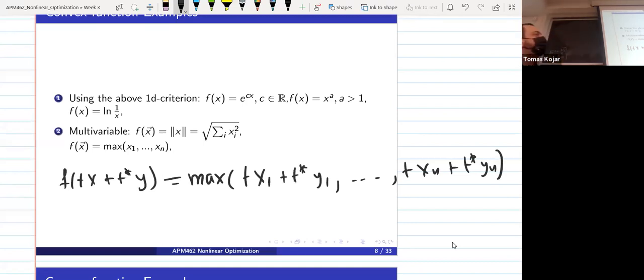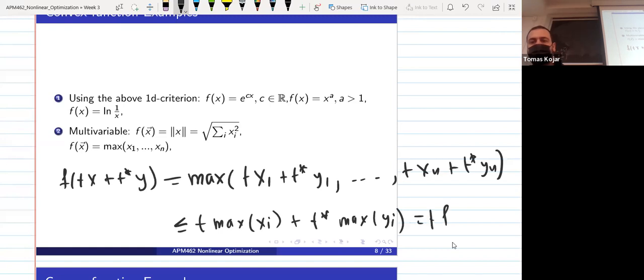All right, can someone tell me why this is less than t times the maximum of all these xi's plus t star times the maximum of the yi's? What's the middle step? How do I do it?